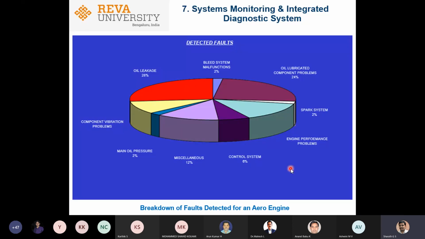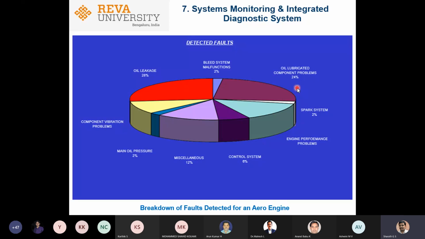Now, if you see this image over here, the breakdown of faults detected for aero engines, the major problem over here is oil. As I said, this is very critical because the bearings may get damaged.